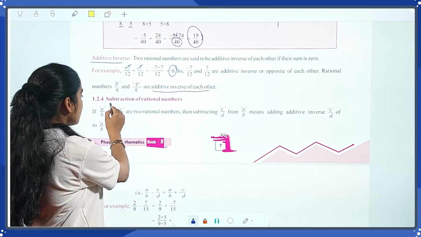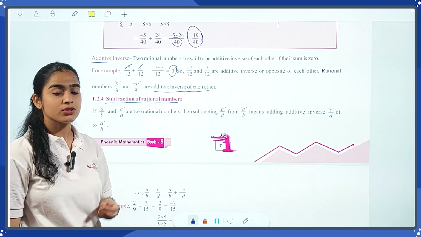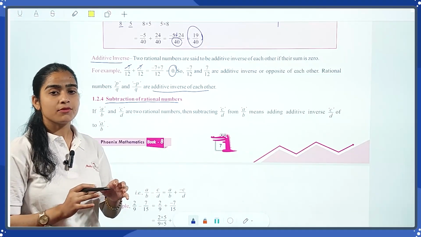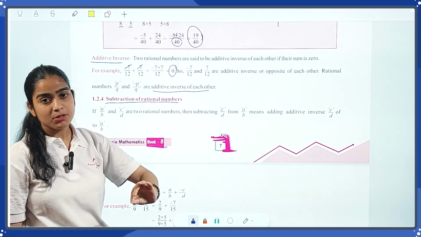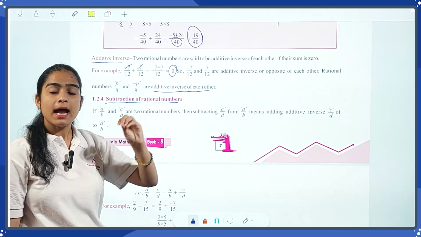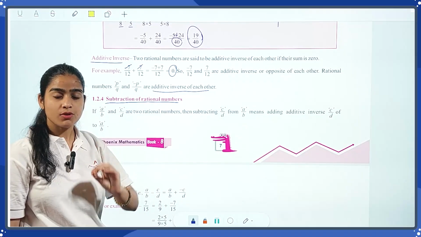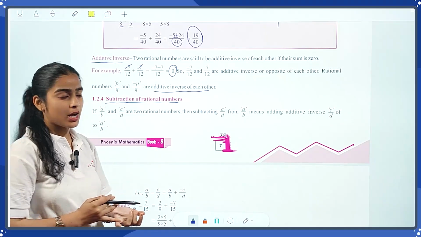Now the second operation we have to apply is subtraction of rational numbers. The same process you repeat here as you performed in addition. If you have the same denominator, you can simply subtract and proceed further. If you have different denominators, first take the LCM, make your denominators the same, and then perform the subtraction operation.